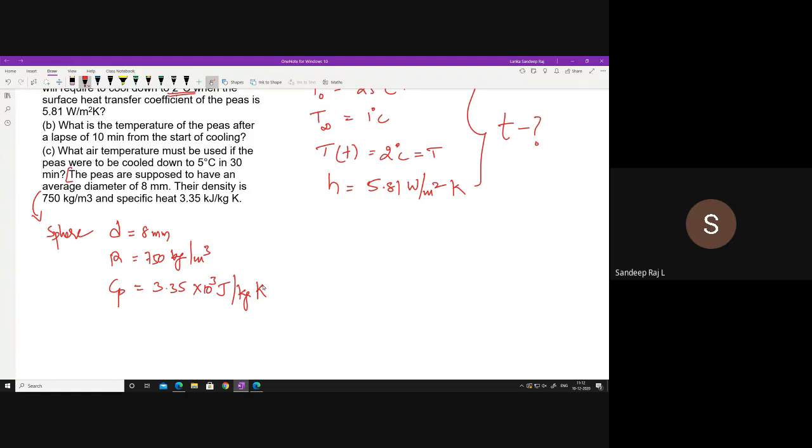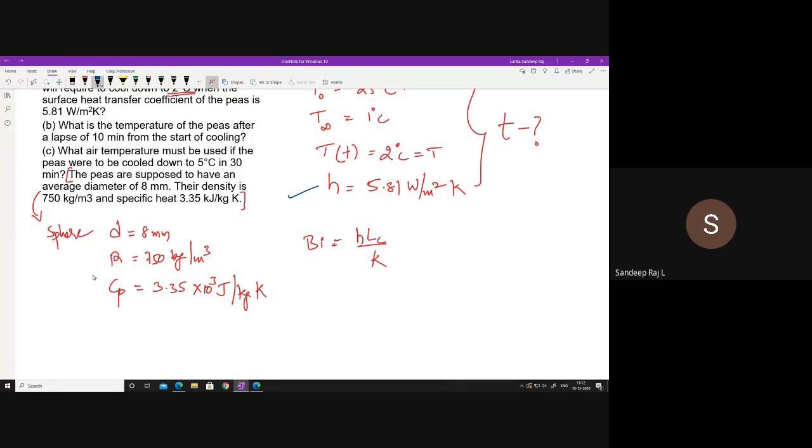And first you have to check whether it is a lumped system or not. In any given transient problem, your aim is to check whether it is a lumped system or not. For that, you have to find out the Biot number. The Biot number is equal to h Lc by k. You have h with you. This is your h, and the k value.